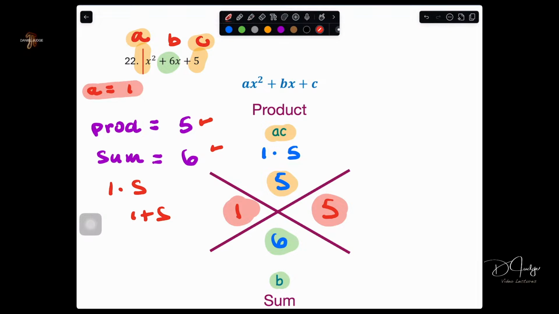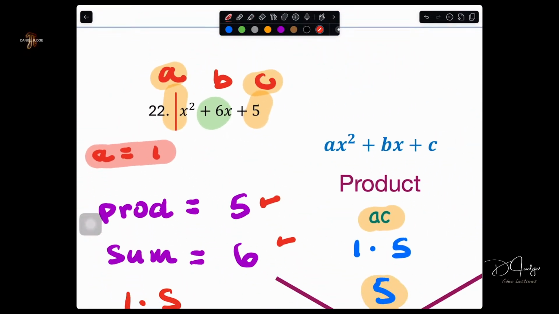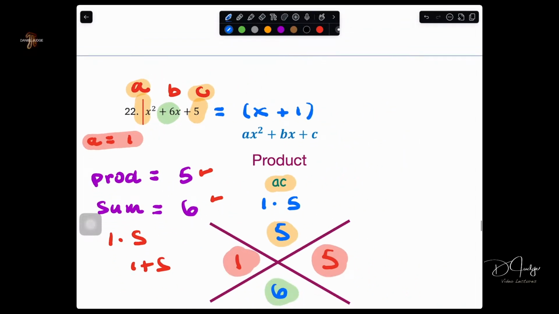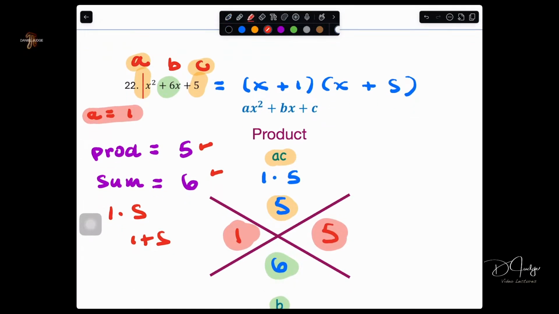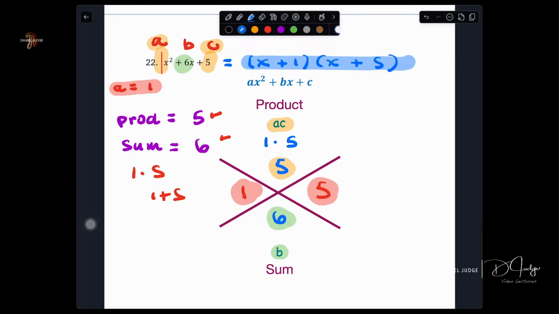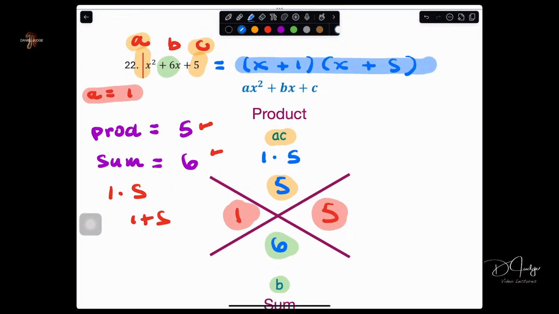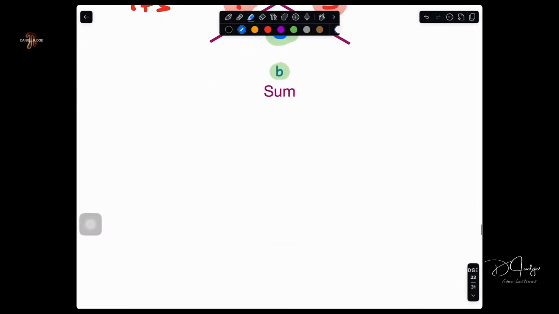And again, because A is the value 1, x plus 1 times x plus 5 is your answer. There it is. The crisscross method.